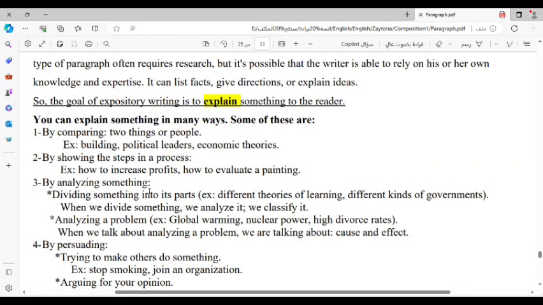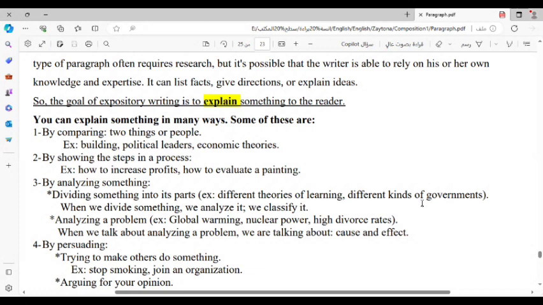By analyzing something, analyzing like تحليل, dividing something into its parts. Okay, here we are talking about, for example, theories of learning, how to learn English, for example, what the skills are necessary for learning English. Okay, this is like just to show theories, like نظريات of learning.